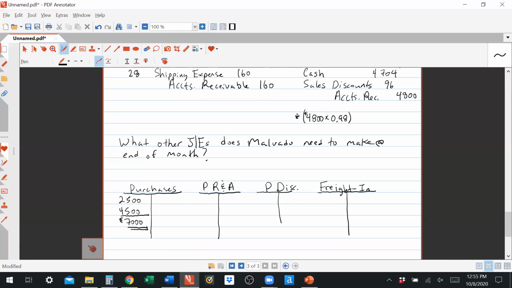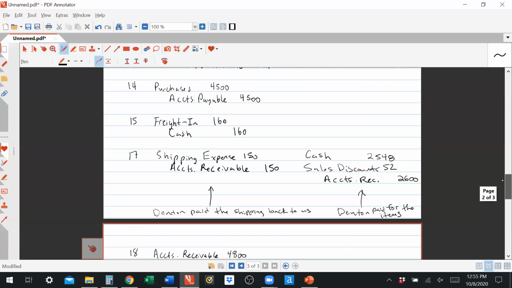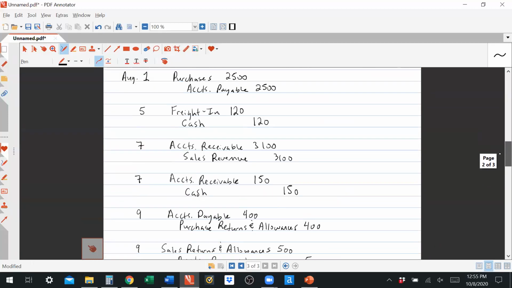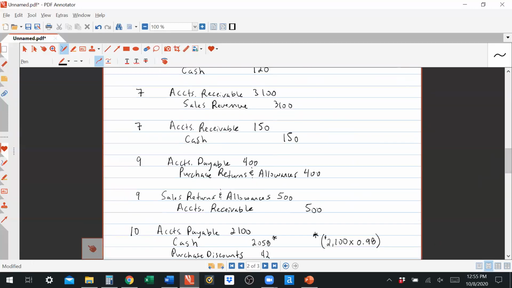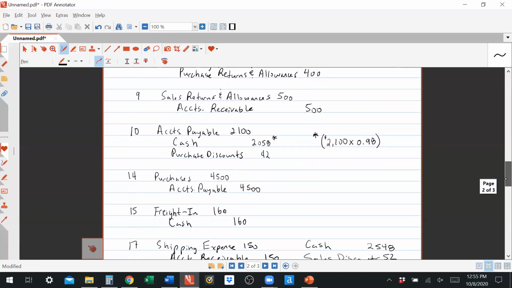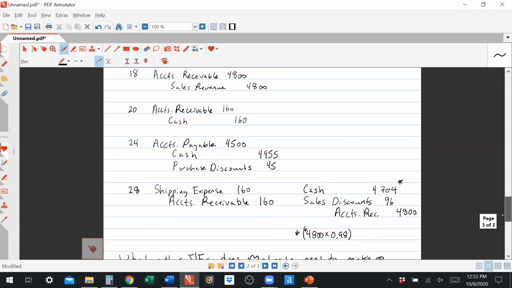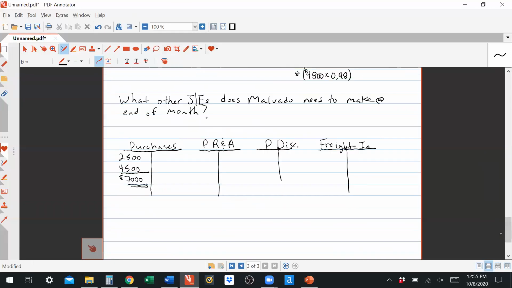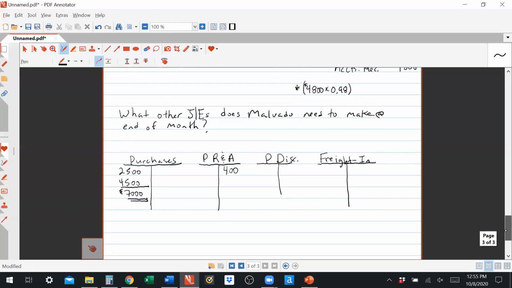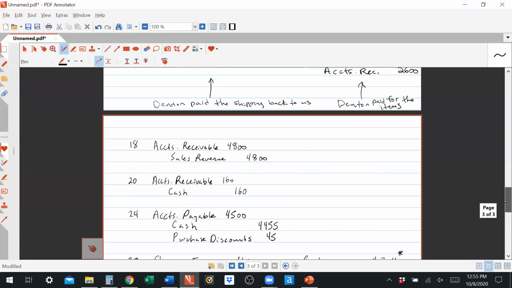But we need purchases to have a 0 balance. Same thing with purchase returns and allowances. We first credited it for $400 right here whenever we returned stuff to Norris that we previously bought from them. And that was the only time we returned stuff. So it's sitting there with a $400 credit balance. Purchase discounts.